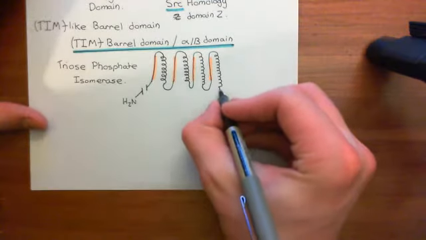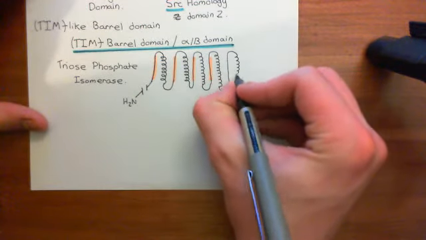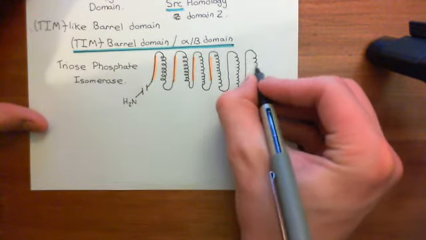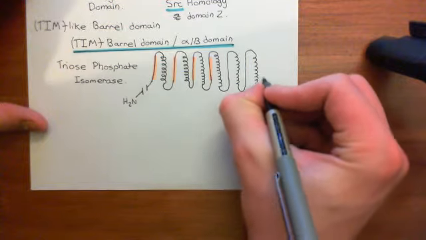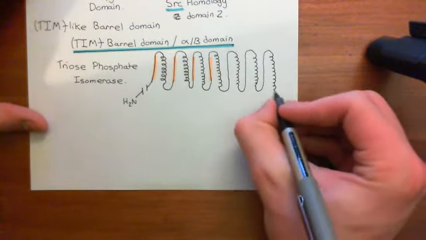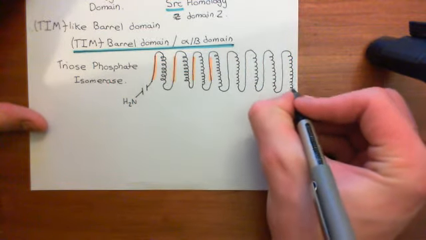Let's continue this on. We need 8 repeats of this, so let me speed this up a little bit. Here's our next alpha helix, our next beta strand, our next alpha helix, our next beta strand, our next alpha helix, and then our final beta strand and our final alpha helix, and it just fits in.